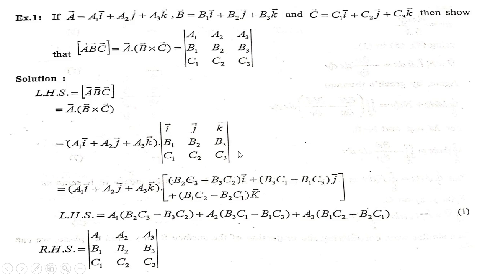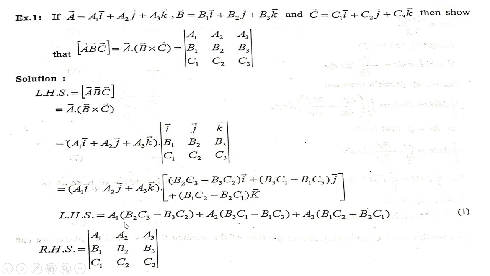After solving this determinant, we get (b2 c3 minus b3 c2) into i bar plus (b3 c1 minus b1 c3) into j bar plus (b1 c2 minus b2 c1) into k bar.